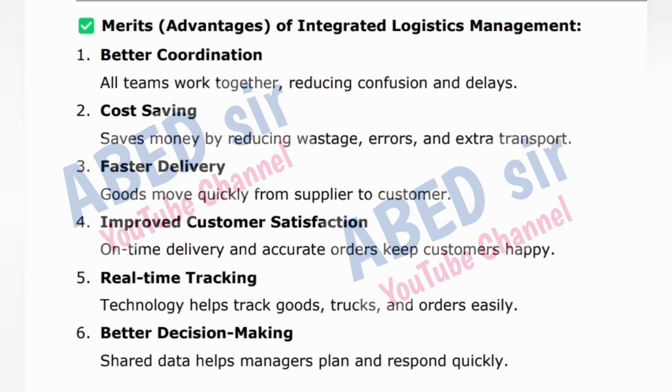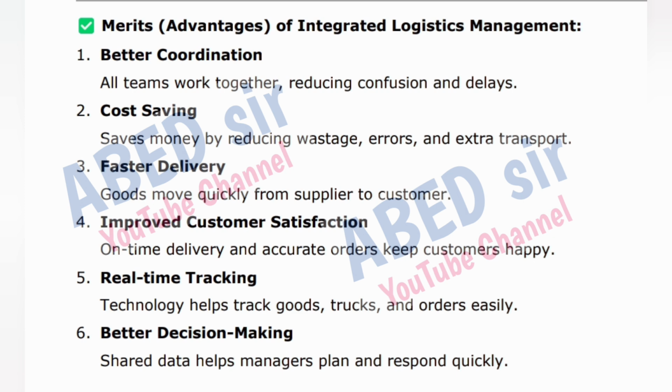Merits, advantages of integrated logistics management. 1. Better coordination. All teams work together, reducing confusion and delays. 2. Cost saving. Saves money by reducing wastage, errors, and extra transport. 3. Faster delivery.